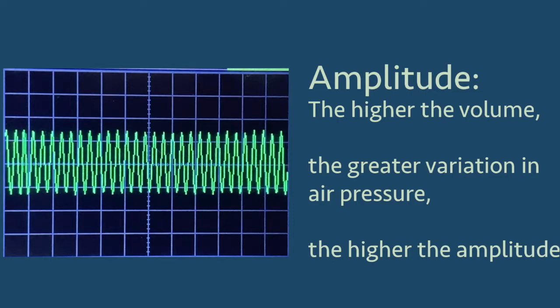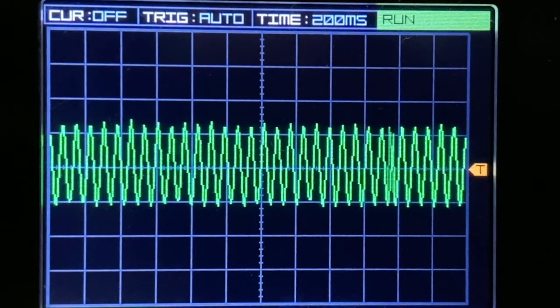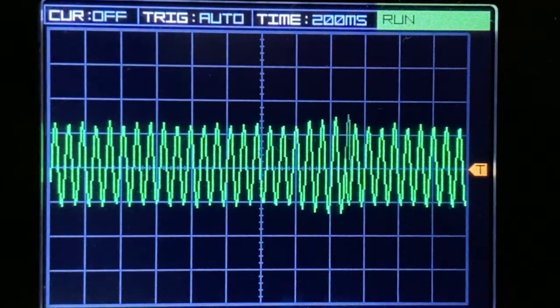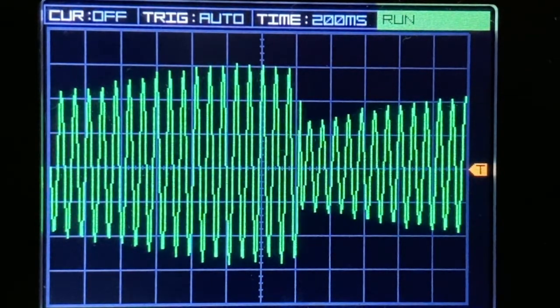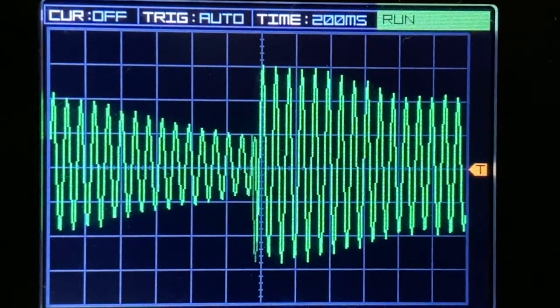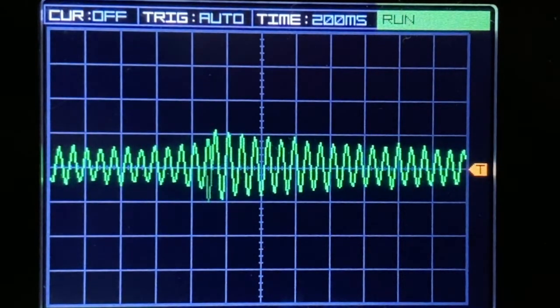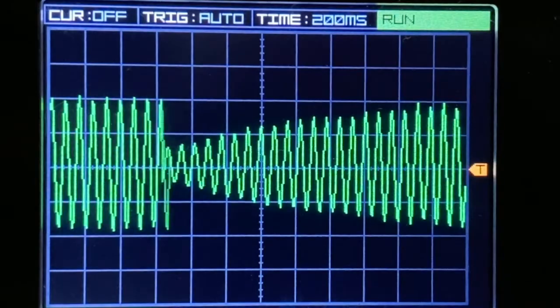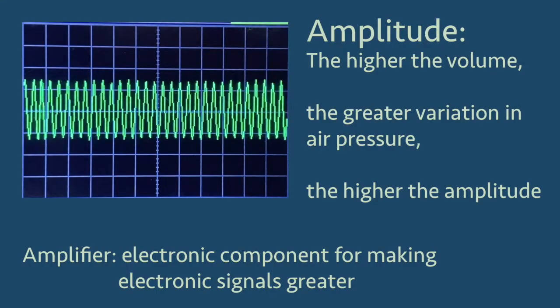Notice the change in volume and also the height of the amplitude when I raise the volume up and down. This is why we use the word amplifier for our stereos, as they control the range of volume in the sounds we hear through them.